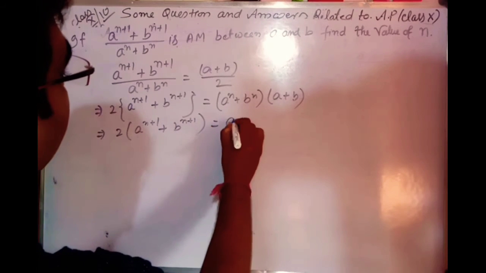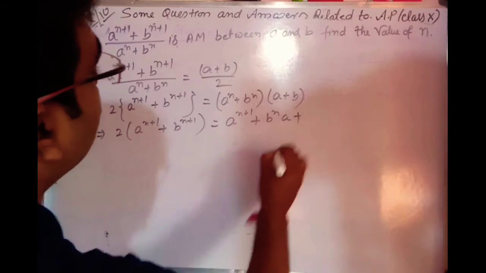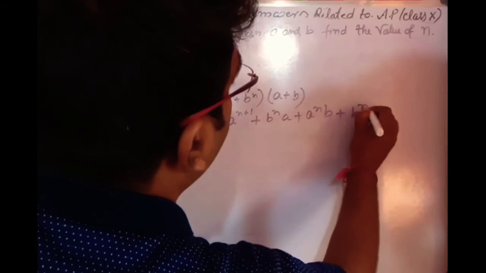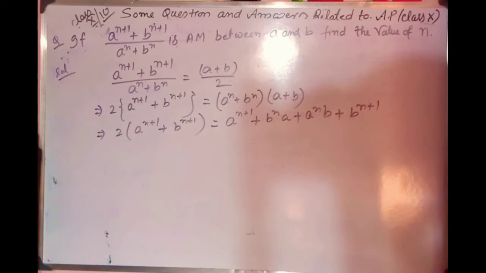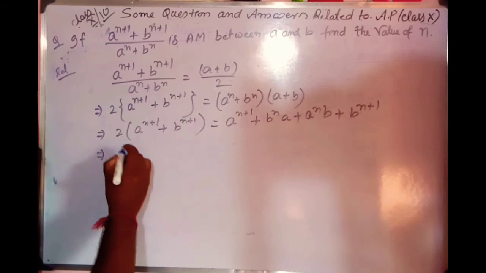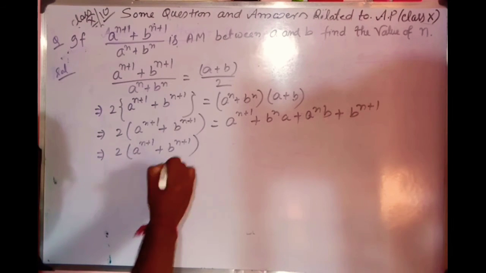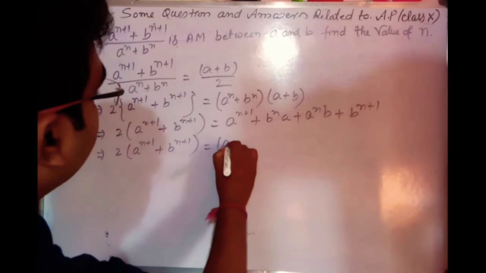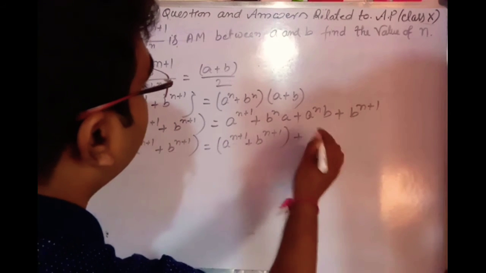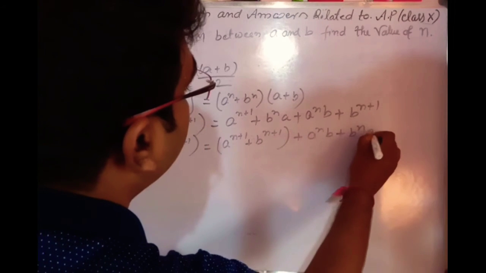If we multiply here, we get a^(n+1) plus a^n b plus b^n a plus b^(n+1). Again we are taking a^(n+1) plus b^(n+1) plus here a^n b plus b^n a.